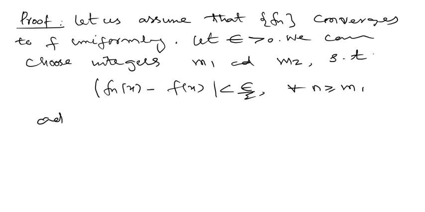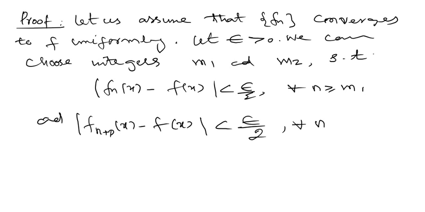And this thing, |f_{n+p}(x) - f(x)|, is also less than epsilon by 2 for all n greater or equal to m2. I don't think this second one is important.